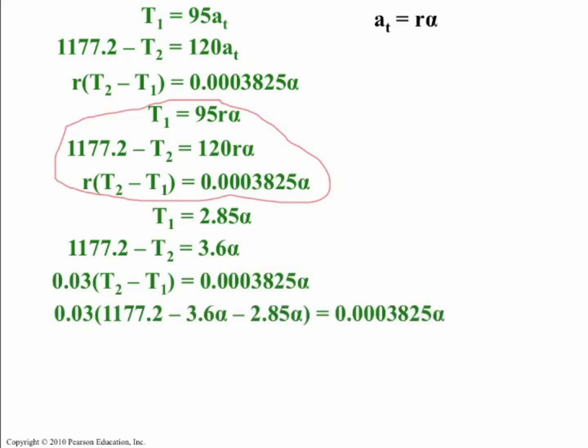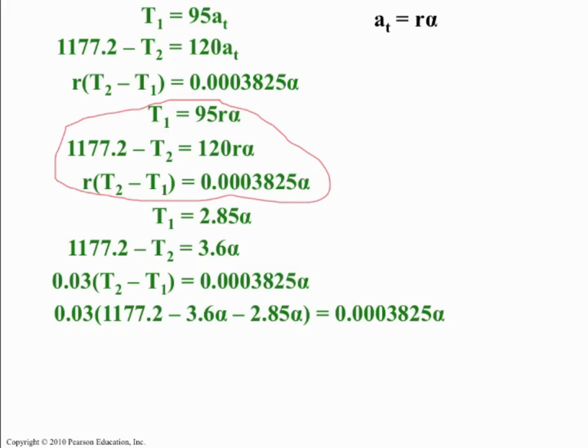All right, so now, since we have three equations for three unknowns, the most convenient way to solve here is by substitution, because T1 equals 2.85 alpha. So I plug this T1 in here for this T1 that I'm circling now with the mouse arrow. And then T2 you can rearrange so that T2 equals 1177.2 minus 3.6 alpha.